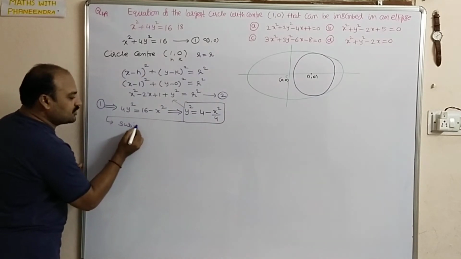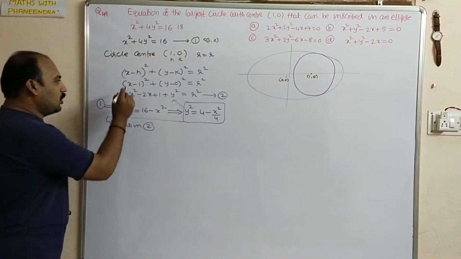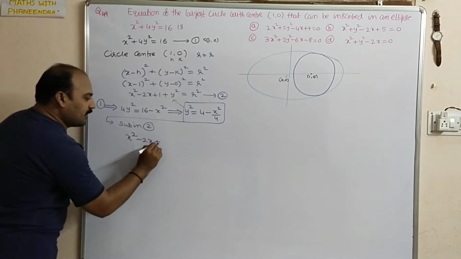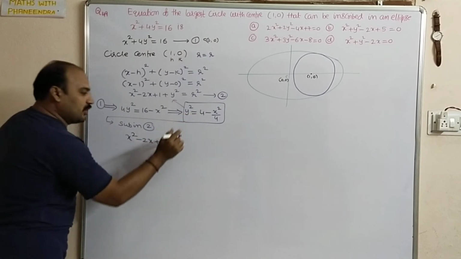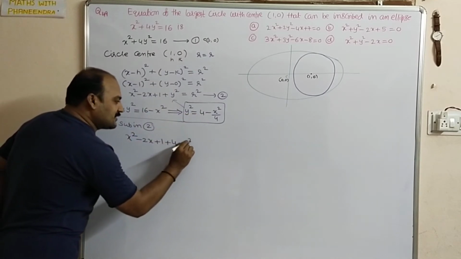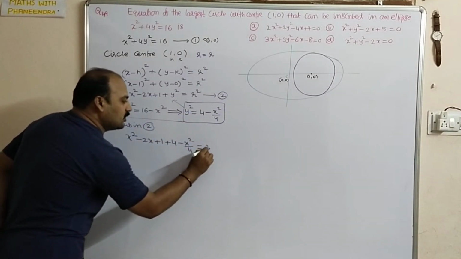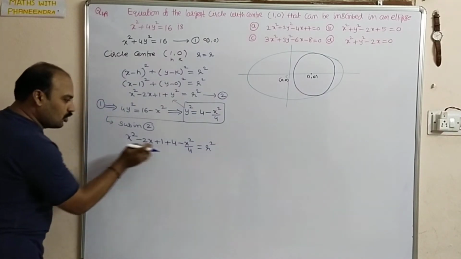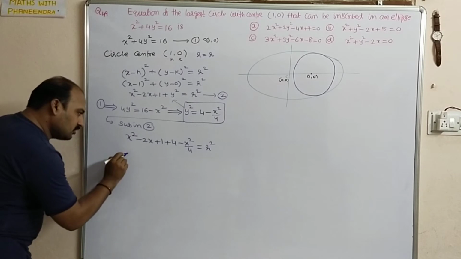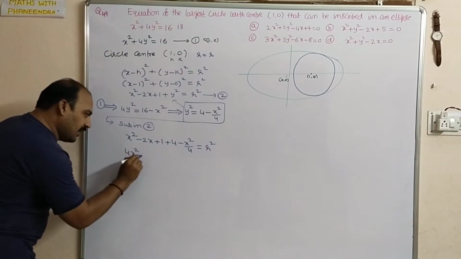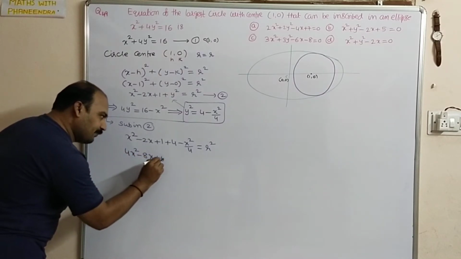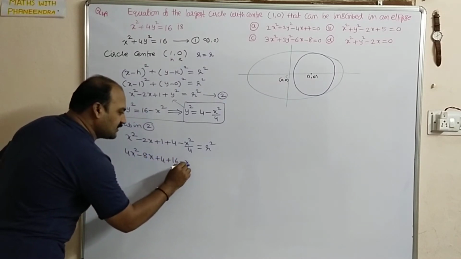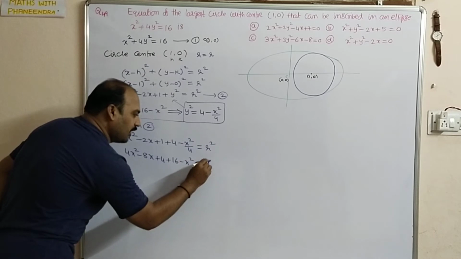Substituting in equation 2, it becomes x square minus 2x plus 1 plus, in place of y square, 4 minus x square by 4, is equal to r square. Now take the LCM, 4. So 4x square minus 8x plus 4 plus 16 minus x square equal to 4r square.